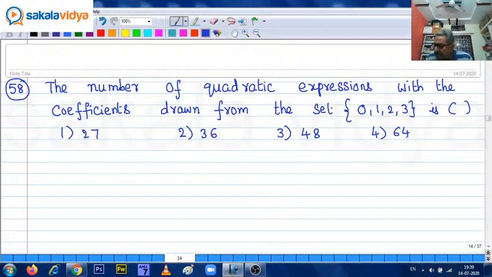This is the question. So this is very, very important. Whenever you join, that's your wish, no problem. So 58 is a very important question.